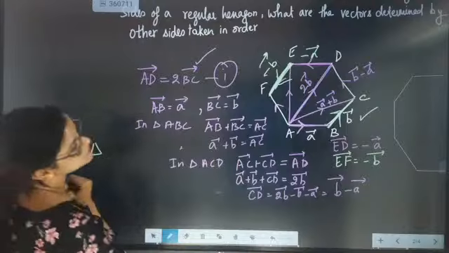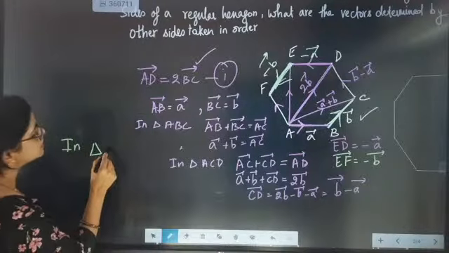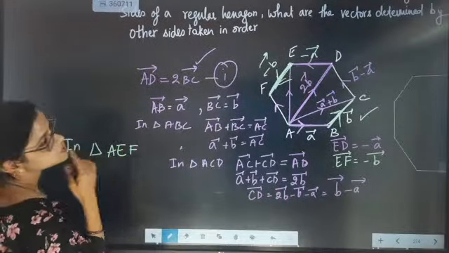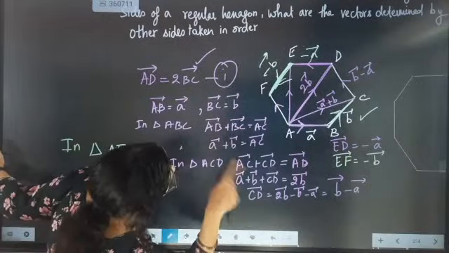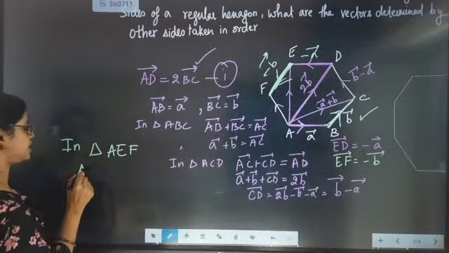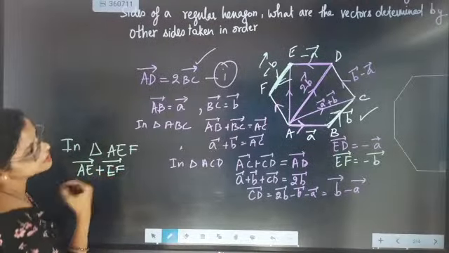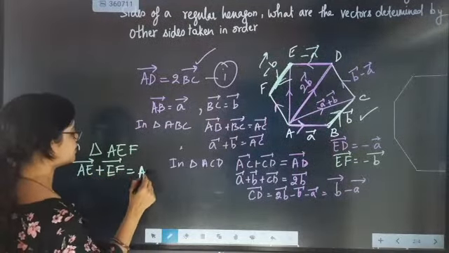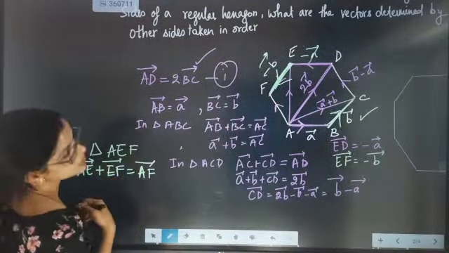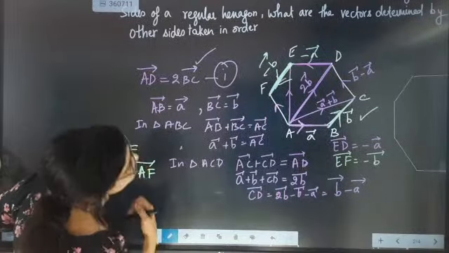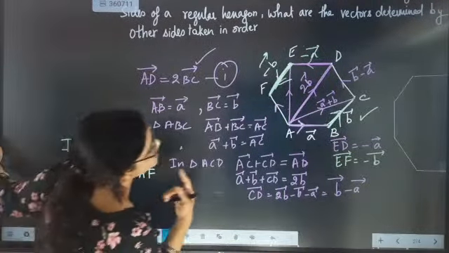In triangle AEF, we will follow the arrow. So AE vector plus EF vector will be equal to AF vector. But we have not found AE, so we would have to find AE also.